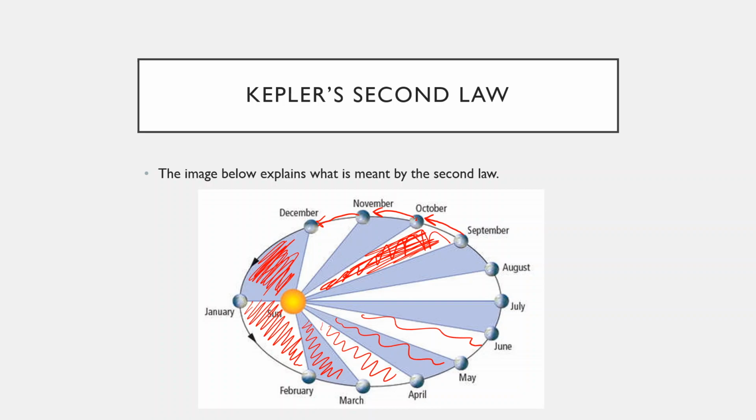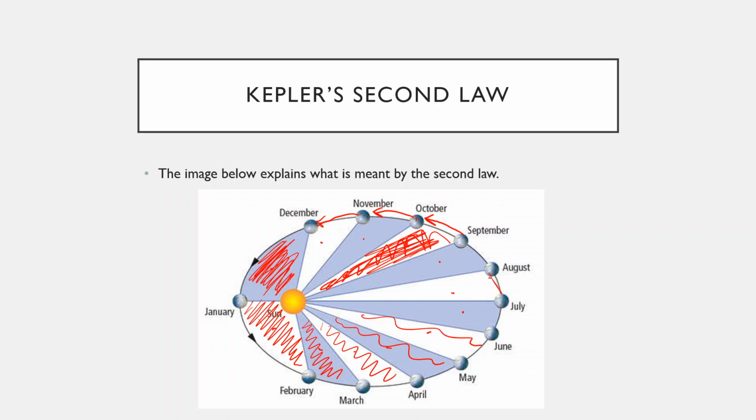So every month, the planet sweeps out a particular area, and all of these areas are exactly equal to each other. So what that would mean, if you're paying attention, is, well, look at the distance that it has to travel in order to make this area the same as something that's on the other side.